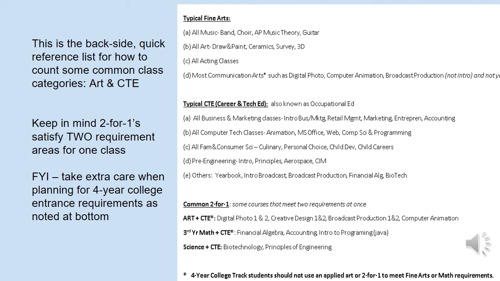And then your 2-for-1 examples would be like digital photo that count as art and CTE. And then there are some options for different types of math and science. And again, 4-year college track students should avoid using applied art or 2-for-1 art requirements for most of their art or fine art requirements, or absolutely not for any math requirements.